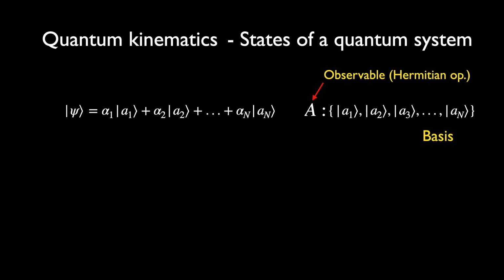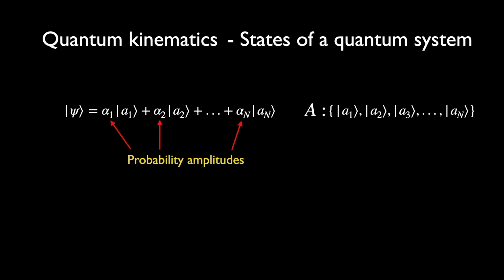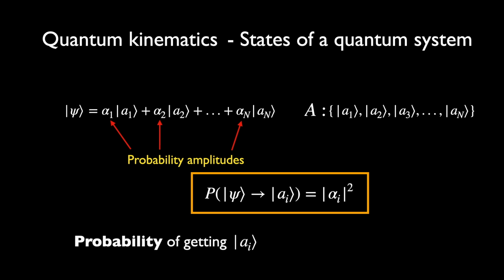Elements of this basis represent the outcomes we get when measuring this observable on a system which is in some initial state psi. The components alpha represent the probability amplitudes of finding the system in these outcomes. The probability itself is given by the absolute square of the amplitude.